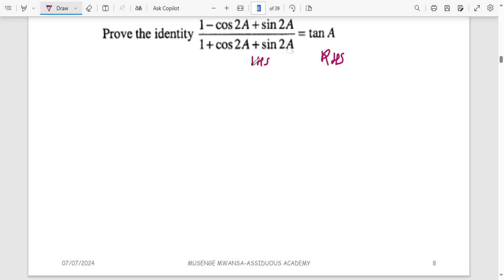So which one do you think is the most complicated side here, left or right? Which one? Precious, you're saying something? The left. Very good. So we're going to get the left hand side and show that it is equal to tan A. So that will become 1 minus.